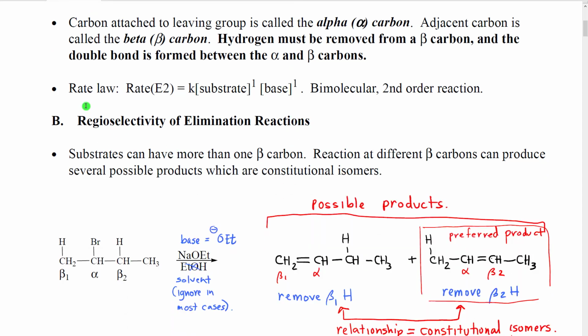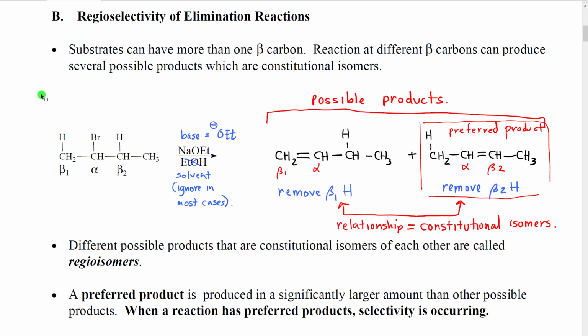Therefore, the rate law looks like this. It has the rate constant, the concentration of substrate to the first power, the concentration of base to the first power. So we would say it's a bimolecular, second order reaction, and that's why we call this the E2 reaction.